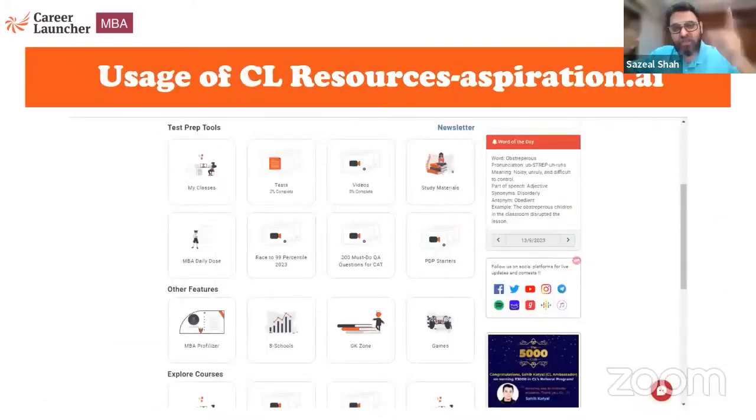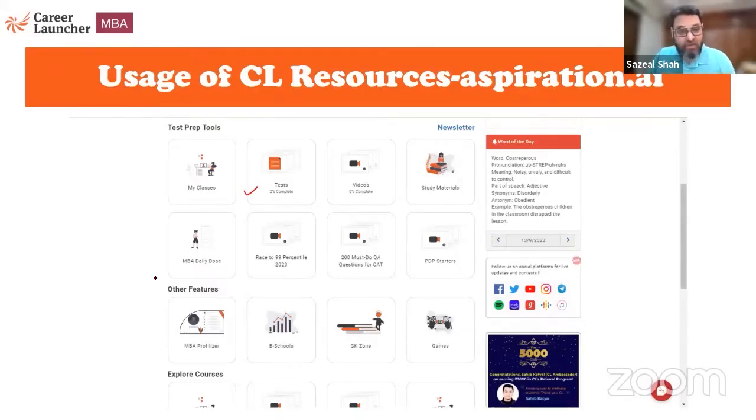Someone in the chat also asked, sir, what are the resources to use? Where will we find PYQs, resources, the daily dose? I have seen all these questions. This is the student portal of Career Launcher, and you can find a lot of things here. There are tests, including topic tests. Let's say my percentage is good, but my application in Sigma is not okay and I need more practice, so there's a topic test for that.